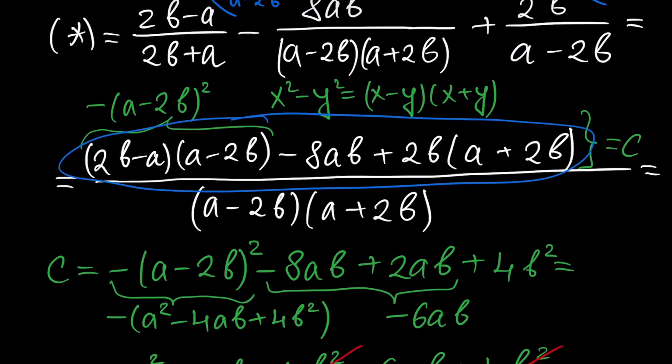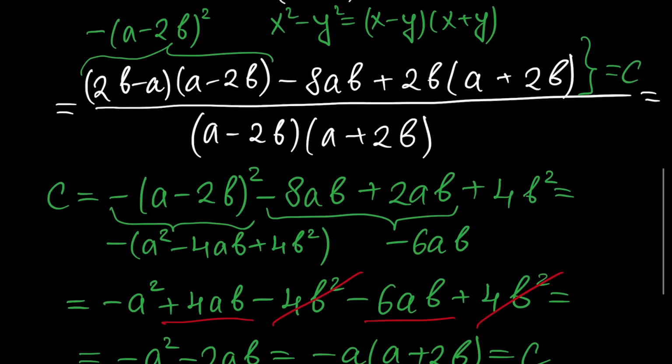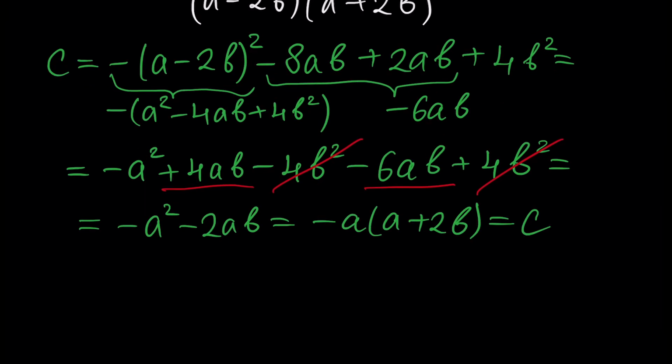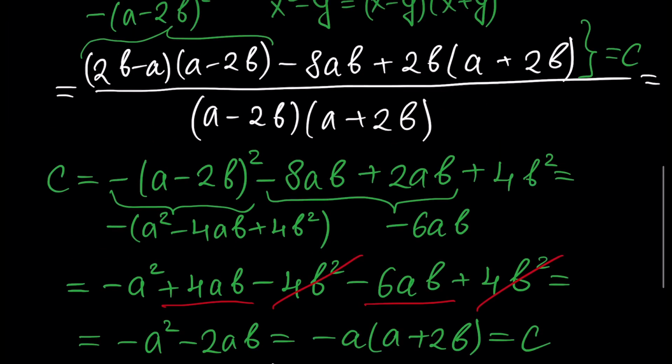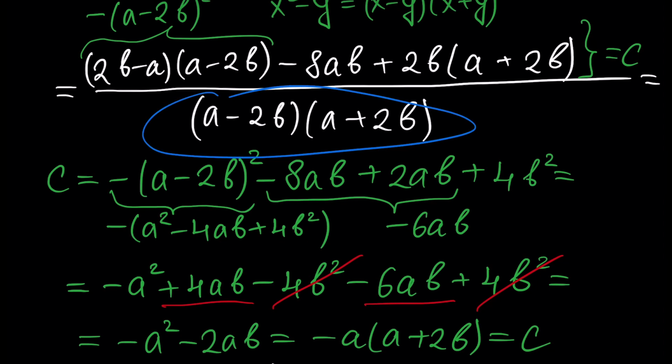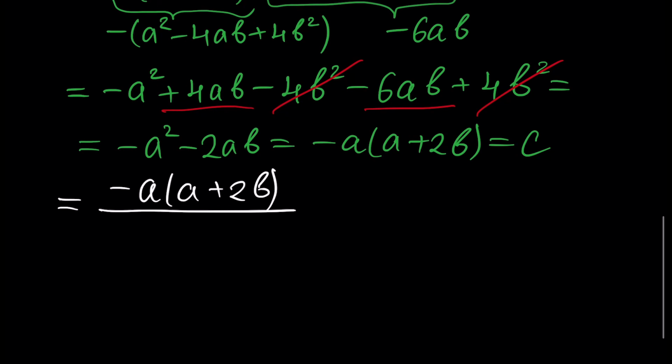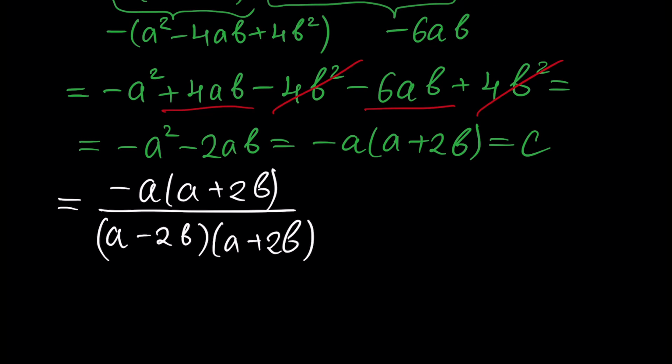Here we just transformed the numerator of our final fraction, and if we turn back to our problem, we will have minus a times a plus 2b over this denominator, which is a minus 2b times a plus 2b.